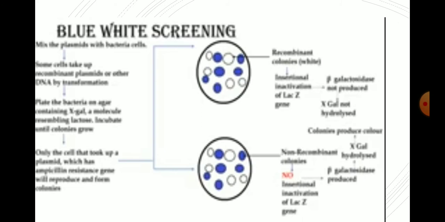The yeast plasmid has multiple cloning sites. You can see in the picture given in your book. So LEU2, that is the leucine 2 gene, and this gene is responsible for producing the amino acid required for the growth of the cell.